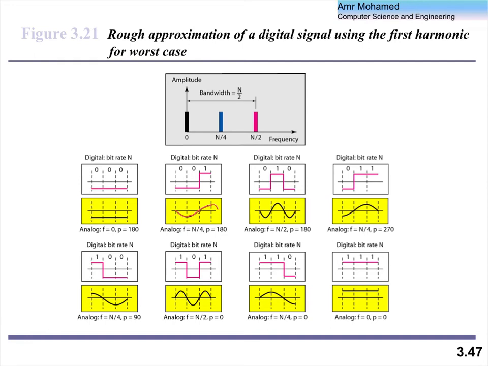We can still do that, because at the receiver side, if I know the bit duration, I can say that in this part the amplitude of the sine wave is negative, so it is 0. Here the amplitude is still negative, so the bit is 0. And here the amplitude is positive, so the bit is 1. So from a single sine wave, I was able to represent 3 or even 4 bits, and this is the roughest approximation.